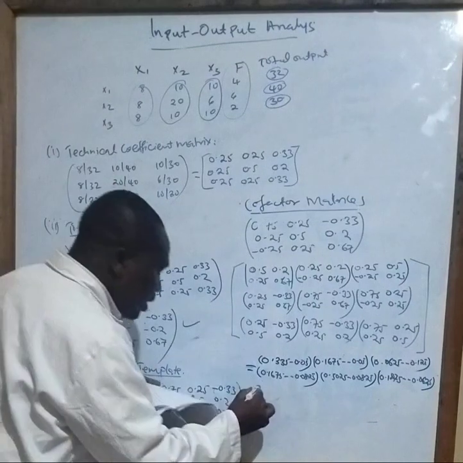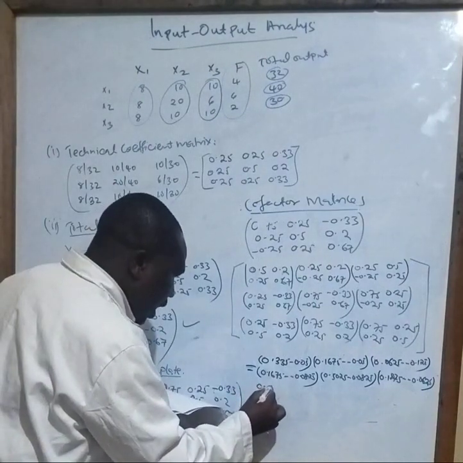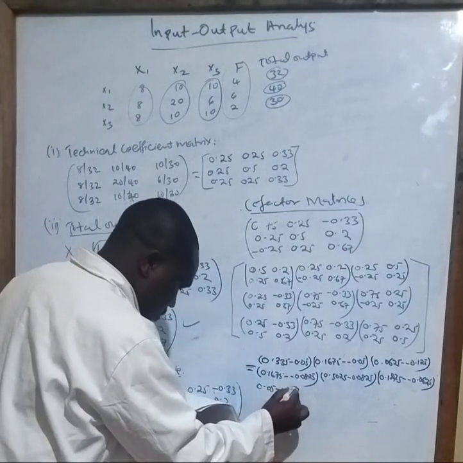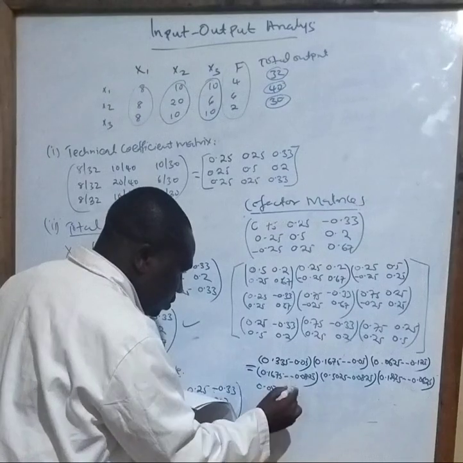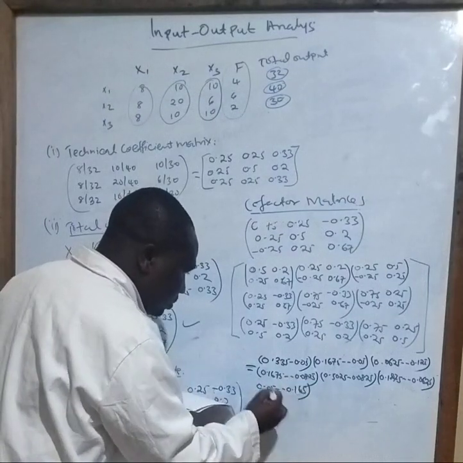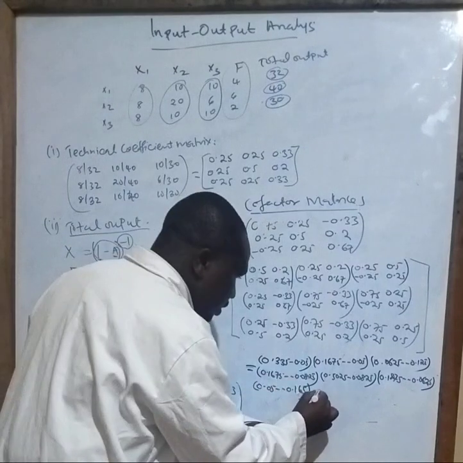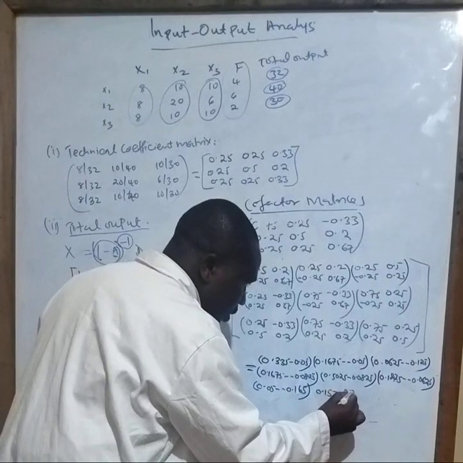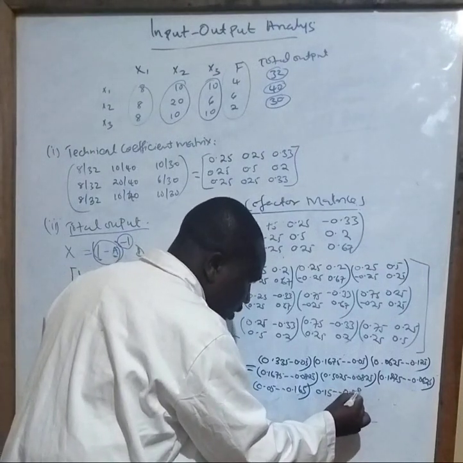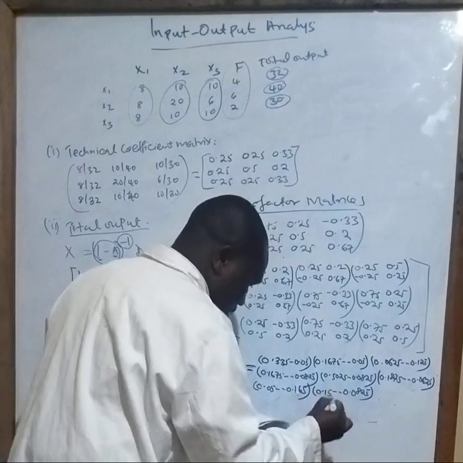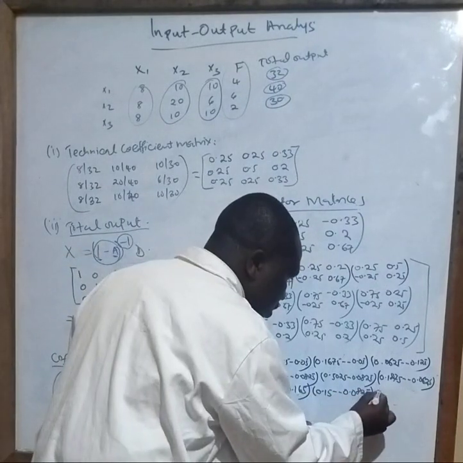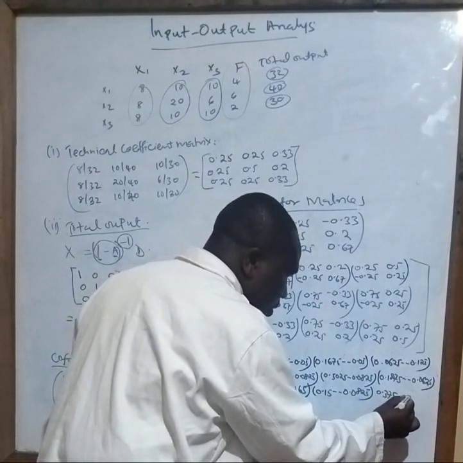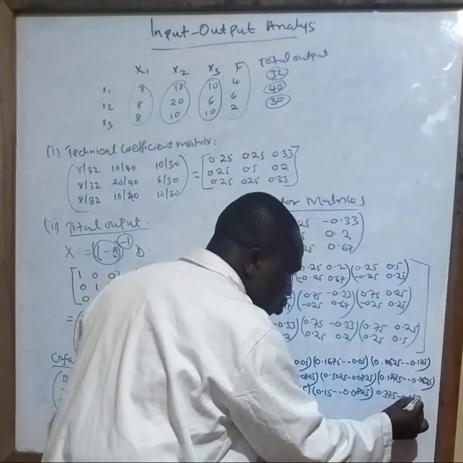And the last one there is 0.05 minus 0.0165, then 0.15 minus 0.0825, then the last one is 0.375 minus 0.0625.